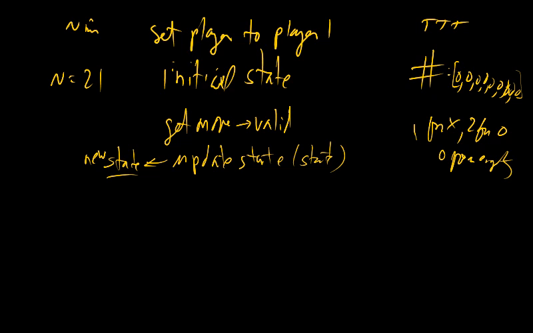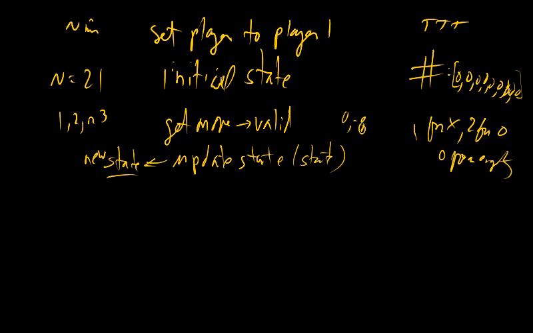The move, in the case of NIM, is just a 1, 2, or 3. In the case of Tic-Tac-Toe, it'll be a number of the board position, 1 to 9, or possibly 0 to 8, depending on how you're numbering them.